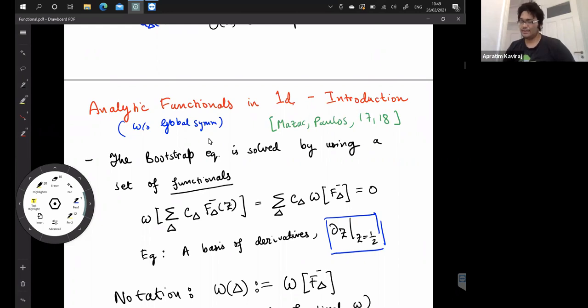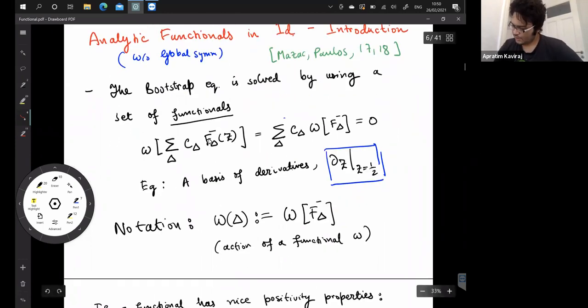You can use this basis of derivatives to expand the bootstrap vectors, or it can be any functional you want, but these functionals have to act on the bootstrap vectors and give you some equations which you have to solve.